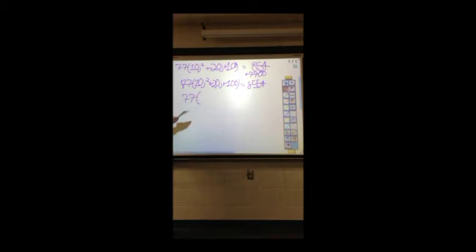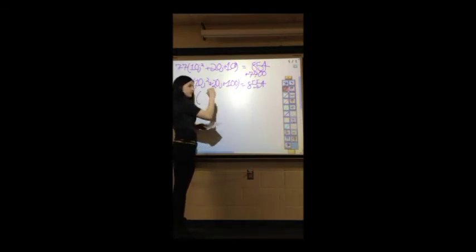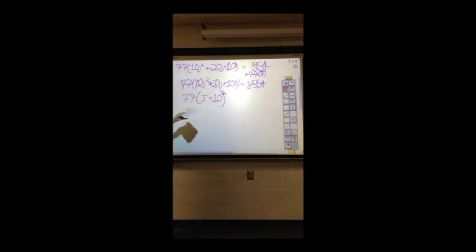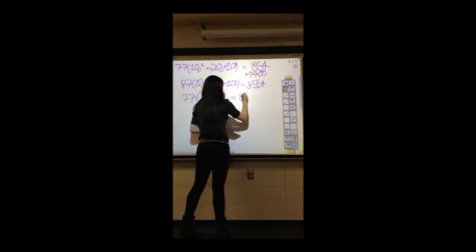But then that number right here that we used, the one that gave us 100, the B divided by 2, is 10. So you're going to take J plus 10 and you're going to square it. But you're going to square the whole thing. You're not just going to square the 10. And that will give us 8,554.